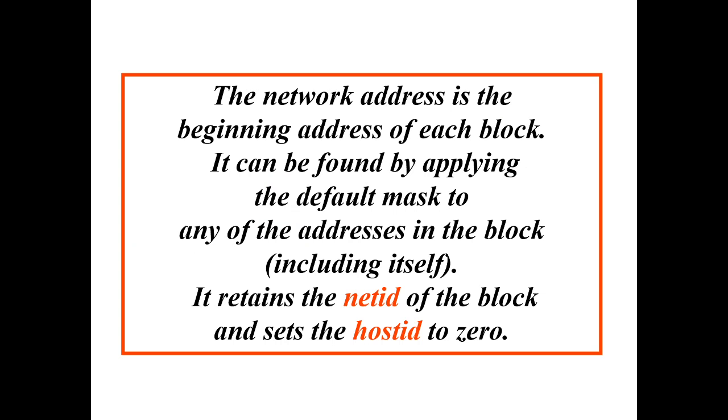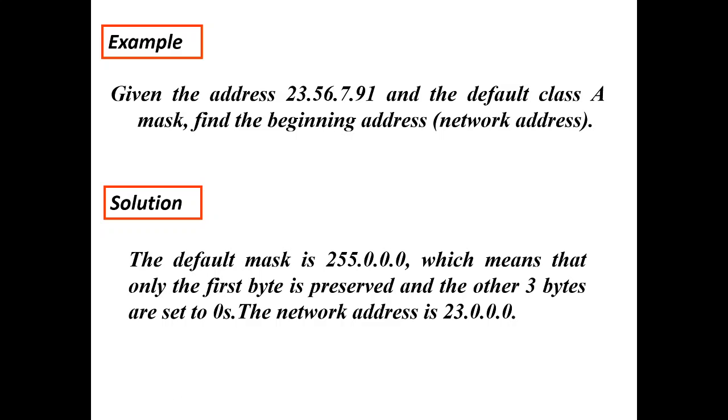So remember, the network address is the beginning address of each block. It can be found by applying the default mask to any of the addresses in the block, including itself. It retains the net ID of the block and sets the host ID to 0. Now see the example. Given the address 23.56.7.91 and the default class A mask, find the beginning address, that is the network address.